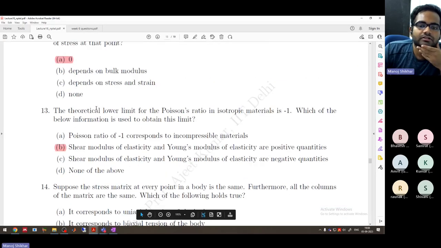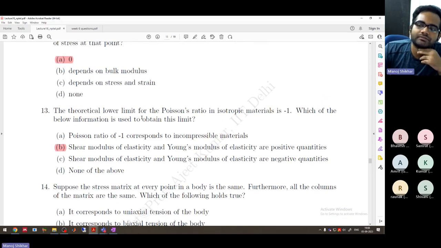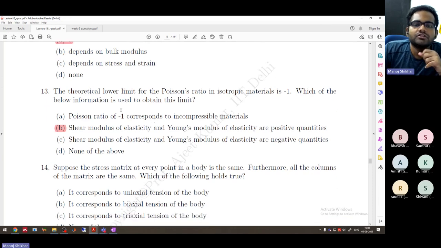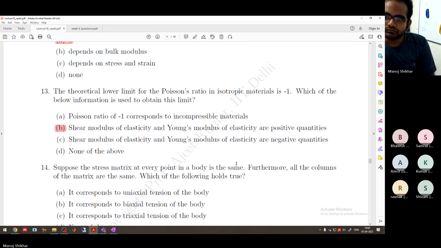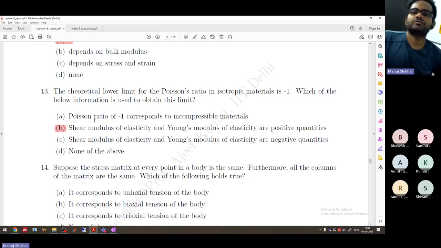Now, question number 13. The theoretical limit of Poisson's ratio in an isotropic material is -1. Which of the following information is used to obtain this limit? In the lecture, sir has discussed this: the shear modulus of elasticity and Young's modulus of elasticity are positive quantities, and these two actually put the limit of -1. Also, the statement that Poisson's ratio is -1 corresponding to an incompressible material is wrong.